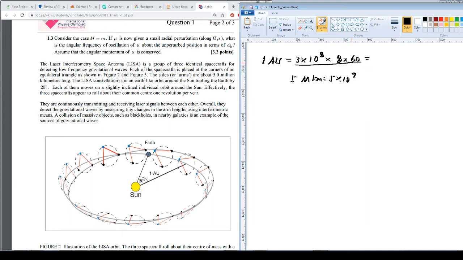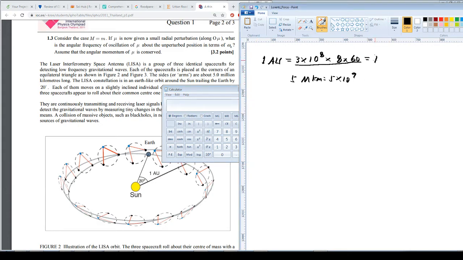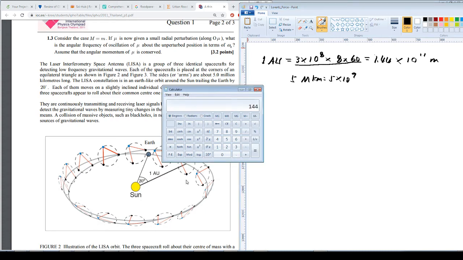How much is that? 1.44 times 10 to the 11th. Okay. So that's like a hundred times bigger than these guys.